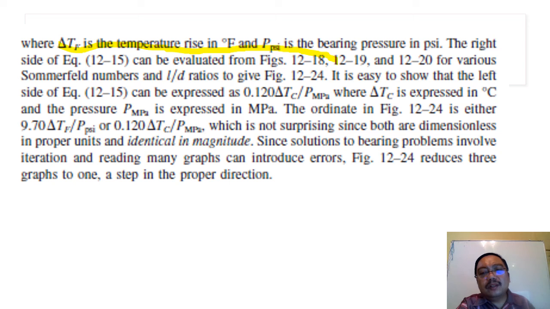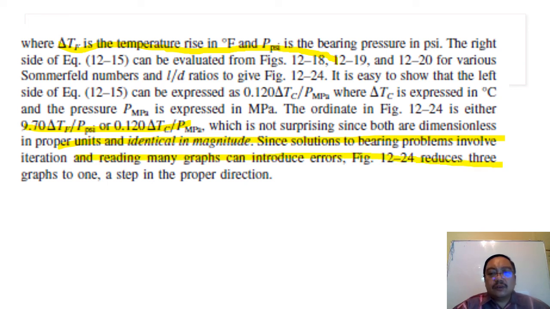The ordinate of figure 12.24 is either K or 9.70, which is not surprising since both are dimensionless in proper units and identical in magnitude. So the solution to the problem involves iteration and reading many graphs, which introduces error.